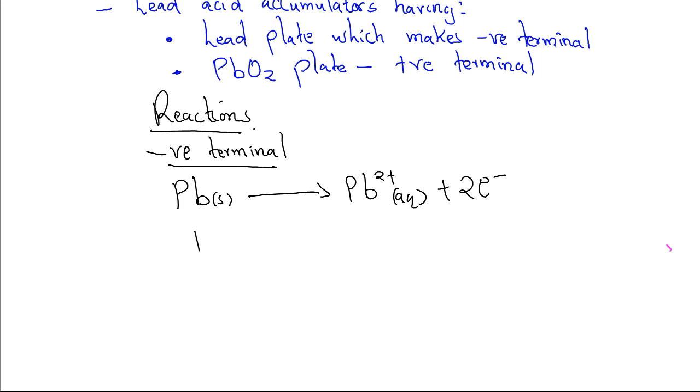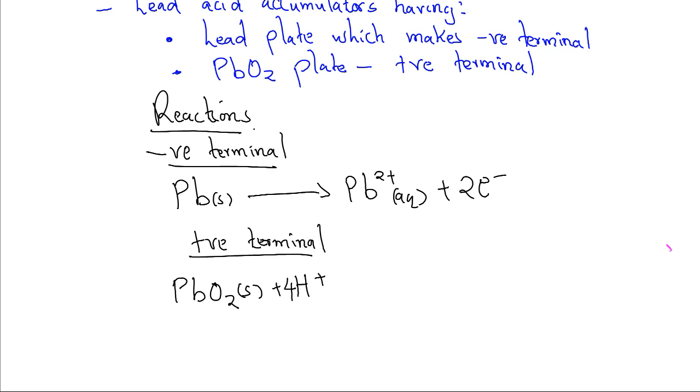At the positive terminal, the lead 4 oxide reacts with the hydrogen ions from the acid, and that gives lead 2 ion plus 2 moles of water.